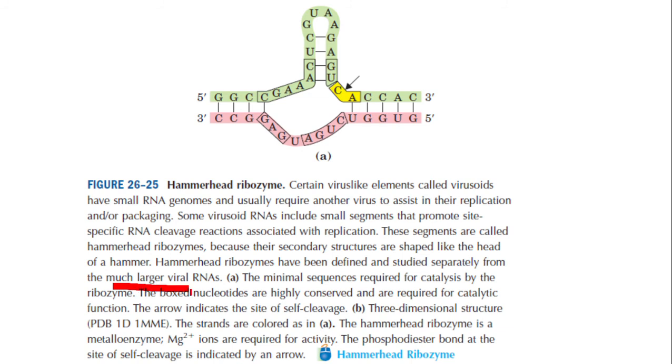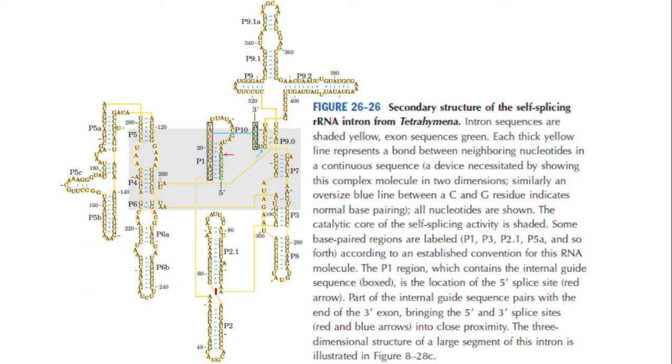And they are being separated from larger viral RNAs. Self-splicing activity is there. Tetrahymena is an important research organism. This is the secondary structure of the self-splicing RNA. You need not study the structure and all, but you should know that such a thing is present.